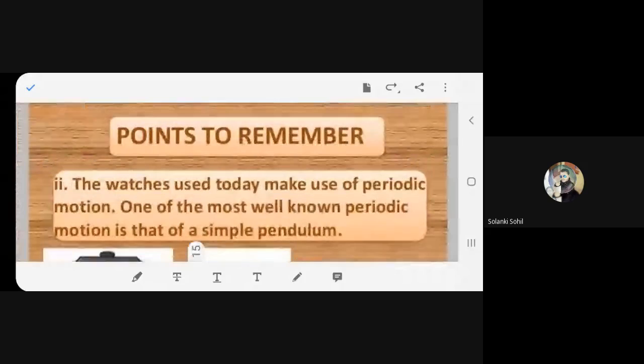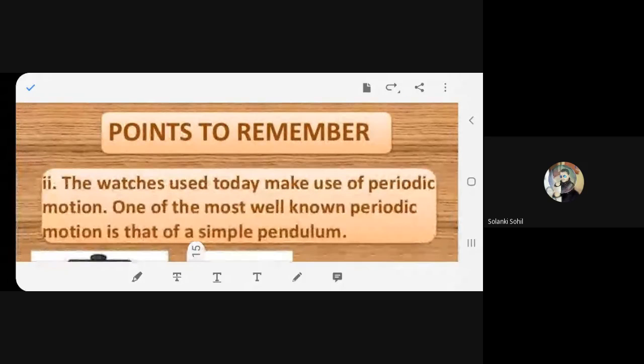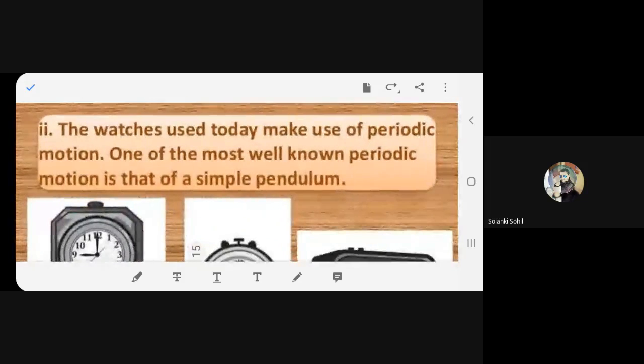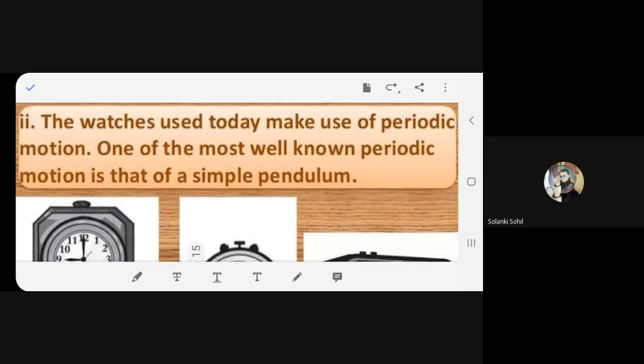Let's see what are the points to remember. The watches used today make use of periodic motion. One of the most well-known periodic motions is that of a simple pendulum. Whatever watches we are using these days, they have periodic motion. The best example is the pendulum.